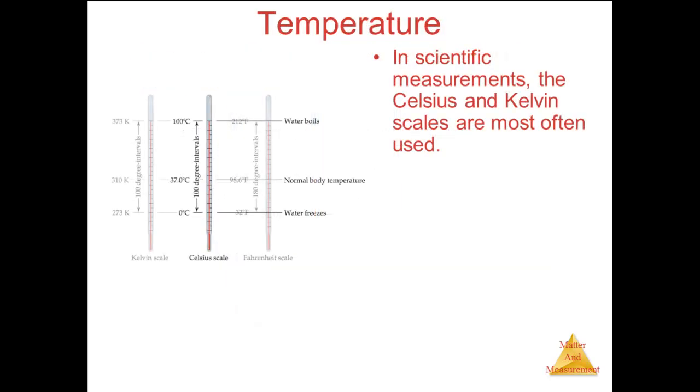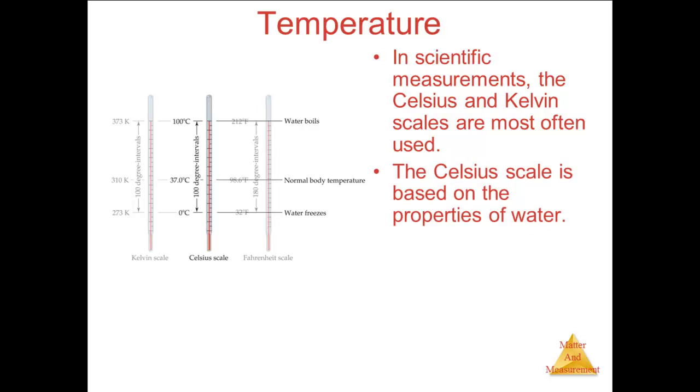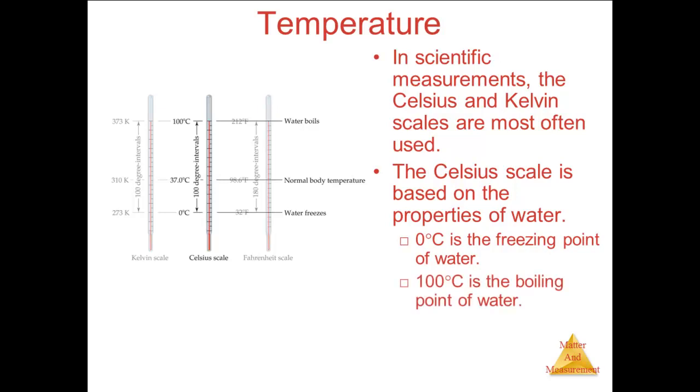The Celsius scale is used in most of the world, and it and the Kelvin scale are used in science. The Celsius scale has 0 degrees as the freezing point of water and 100 degrees as the boiling point of water.